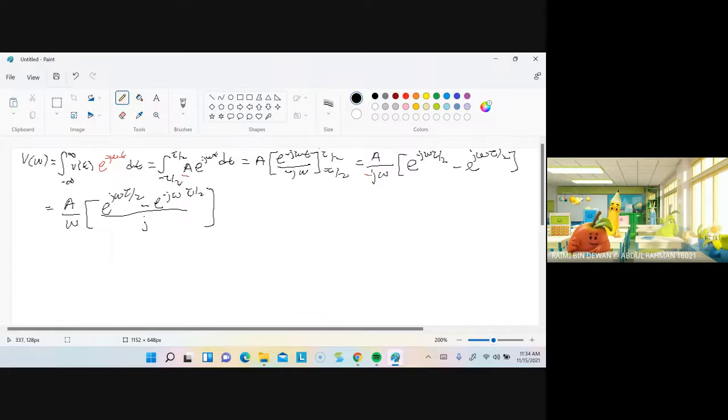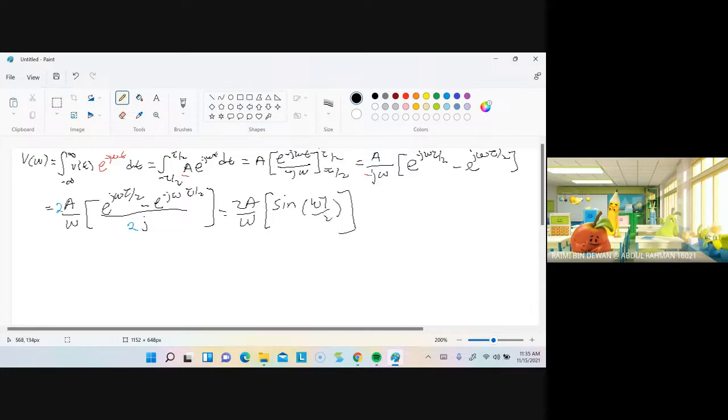Because you want to relate with Euler's theorem, you put 2 here. Then what you have is equal to sine of omega tau over 2.